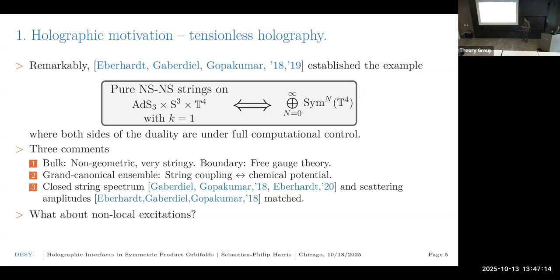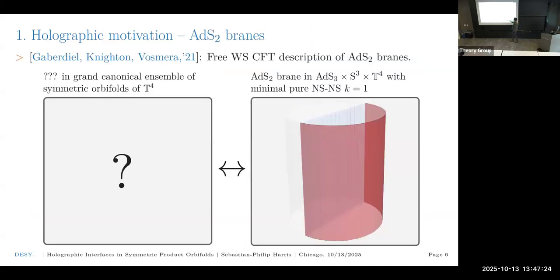But of course, AdS3 is supposed to be a stronger statement, not only about local operators, but also about non-local excitations. And the question is then, okay, how can we relate non-local excitations across this duality? And as far as I know, the first paper that addressed this question in this particular context was Gaberdiel, Knighton, and Vošmera in 2021, where they essentially looked at two different families of branes in this AdS3 background.